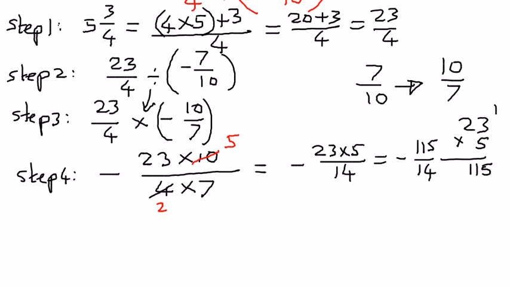So this is the way we can simplify these two numbers, the given fractions. 5 3 over 4 divided by negative 7 over 10 is going to come up as negative 115 divided by 14.